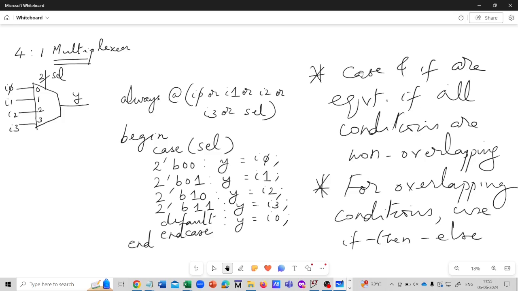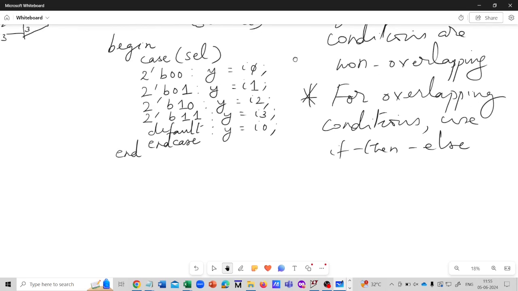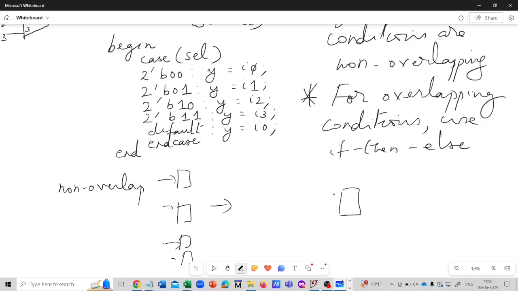So anyway, we will have a detailed discussion on this later. But for the time being, for the non-overlapping case, the hardware that is synthesized will look something like this. All the blocks at the same level. Whereas if we are considering an if then else kind of behavior, then it will be multi-level hardware.